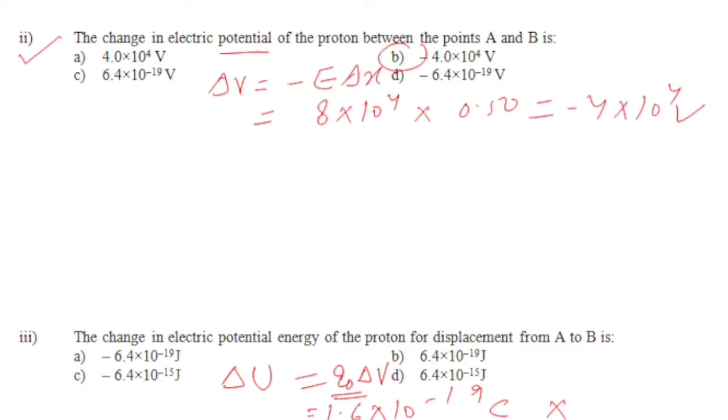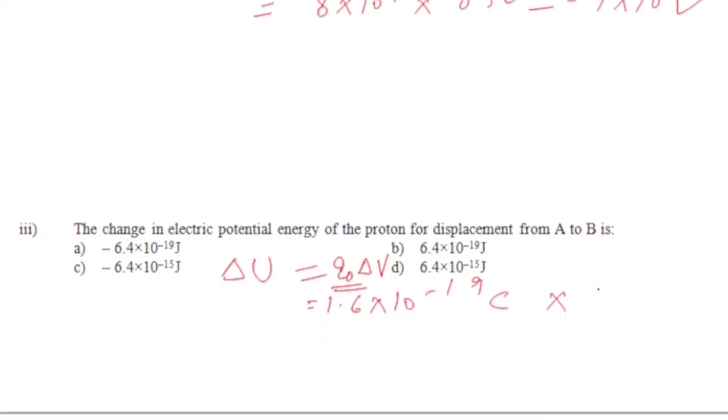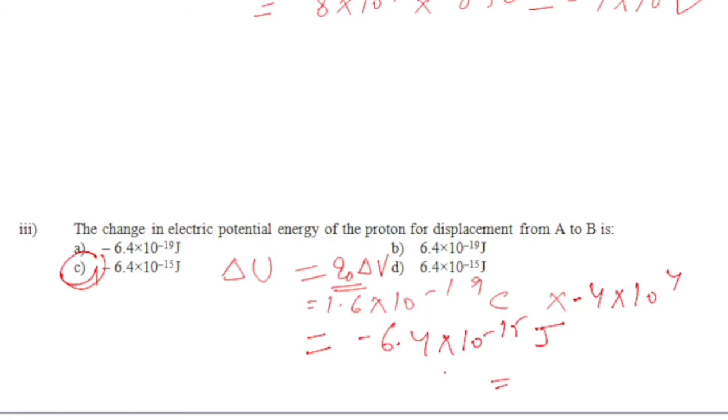After solving these two, which one is the correct option? Yes, option number C, minus 6.4 into 10 to the power minus 15 joule. Hope all of you have got this answer.